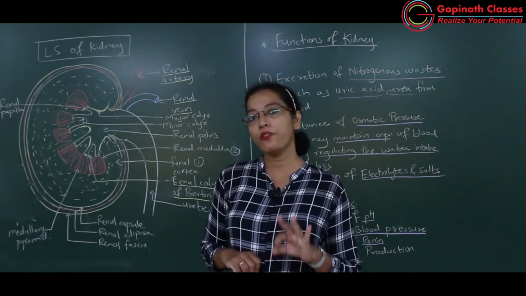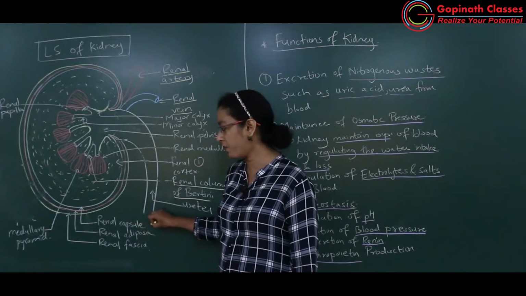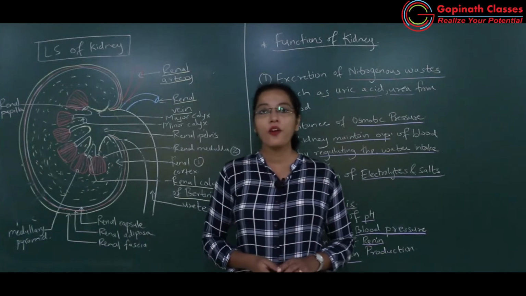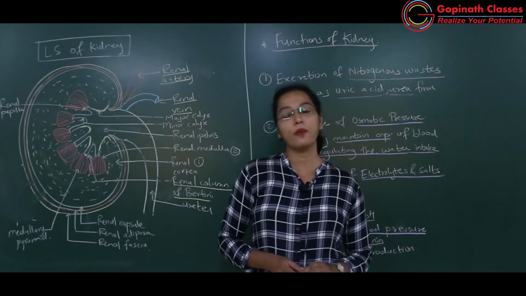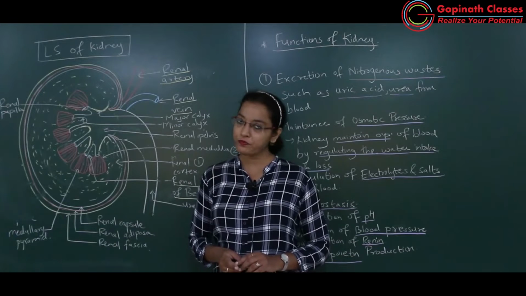So three protective layers are seen around the kidney: renal capsule which is fibrous, renal adiposa which is fatty, and renal fascia which is also made up of connective tissue, especially white fibers.